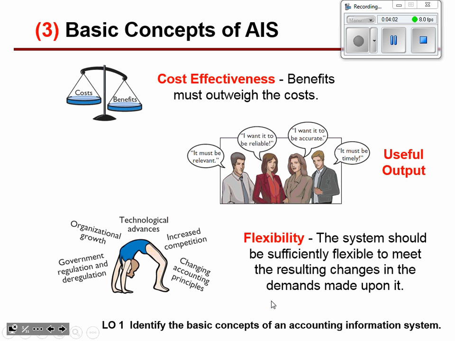So what you need to know, and this could easily be on the test, what are the 3 concepts of any accounting information system? Whether it's manual or whether it's computerized. It's got to be cost effective, useful, and flexible.